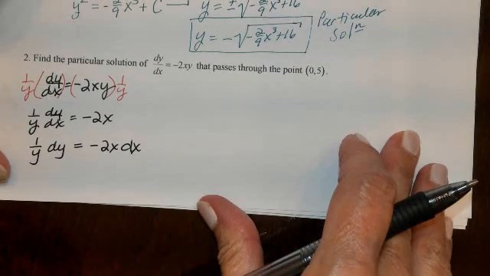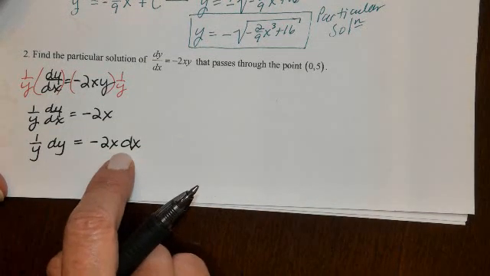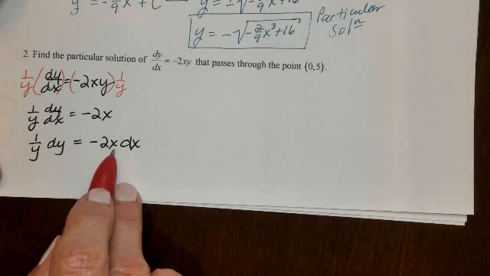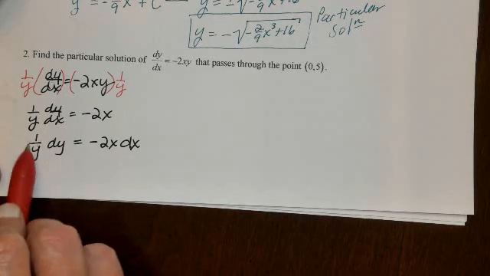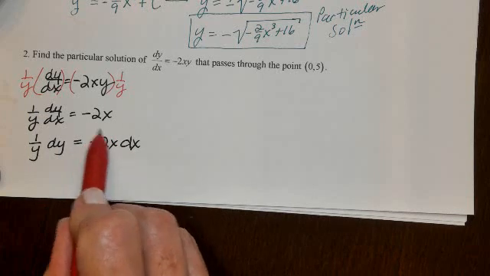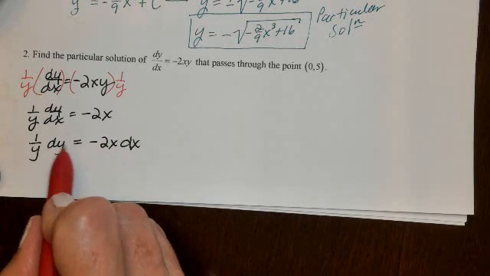So if I have a number, I like to leave it on my x's side. All right? This is separated because we have a function of y's times dy is equal to a function of x's times dx. Has to be multiplied.